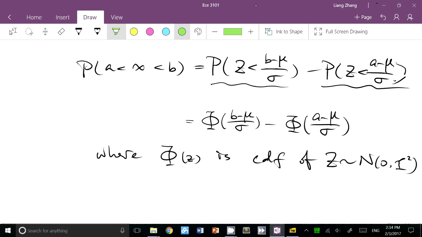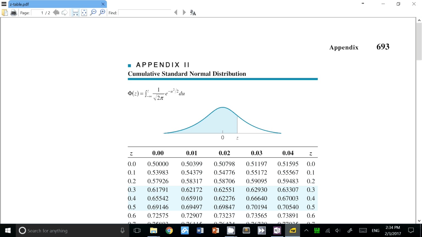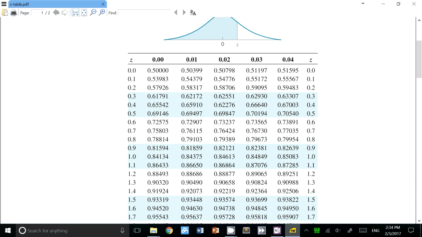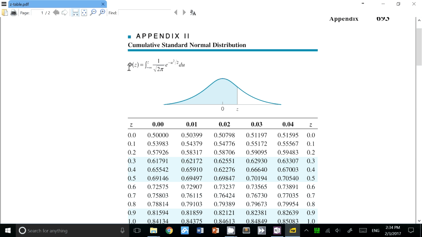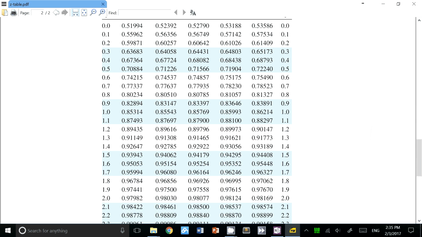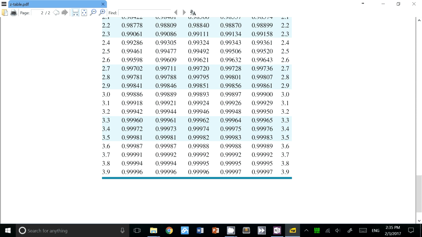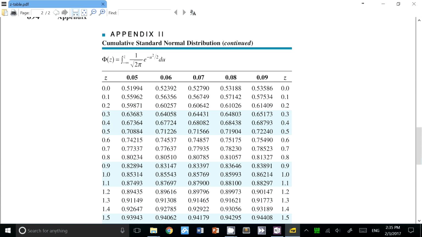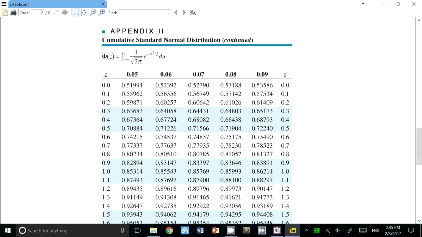The table is sometimes called the Z table, which is a summary of entries of this cumulative distribution function at different z values. Okay, so in the book you will see this particular example. You see this phi, and this is how the book's z table is organized. And last time we discussed how the z table can be utilized to figure out where to find the corresponding numbers.